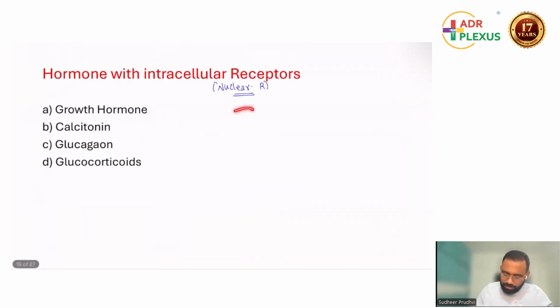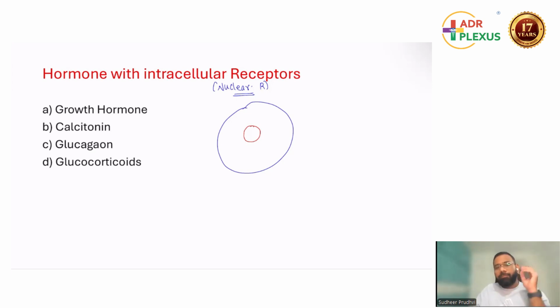So we have a cell here, and we have a nucleus inside. So whatever drugs you take, the following examples, they act on the receptor which is present inside the cell. That might be in the cytoplasm or that might be the nucleus. Wherever the receptor might be, the final action is at the nucleus only.